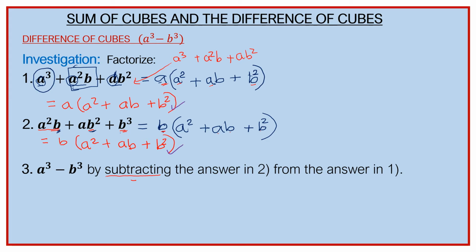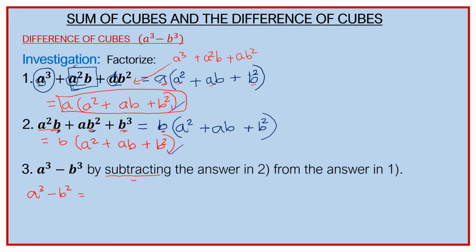So we get answer number 1 minus answer number 2. So this means that we get a³ − b³ equals answer number 1.